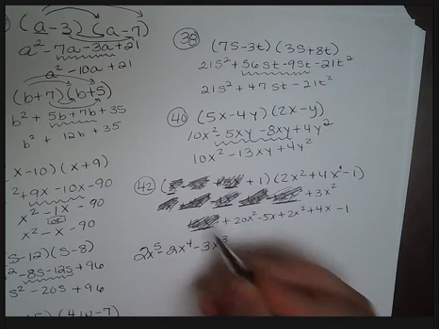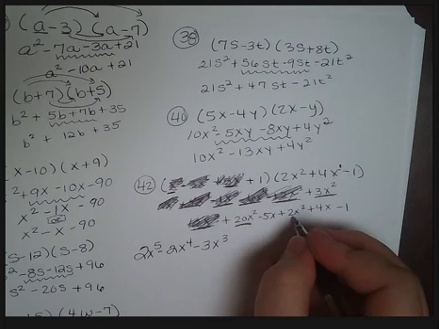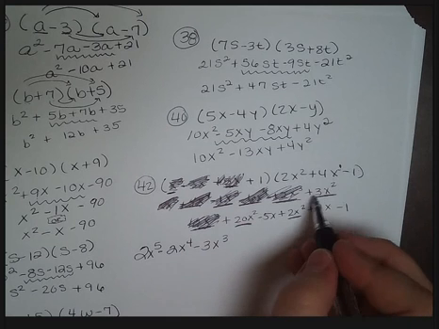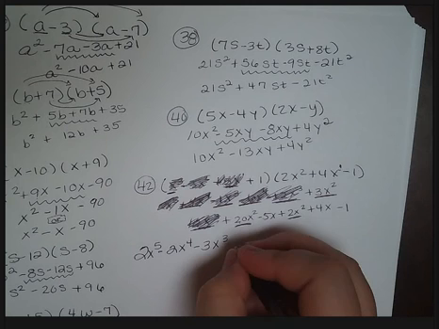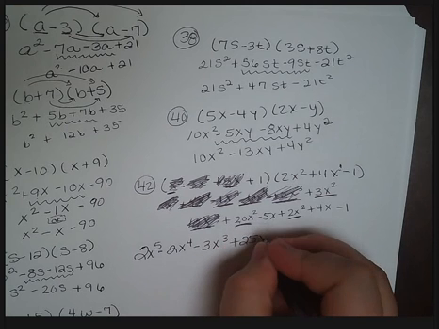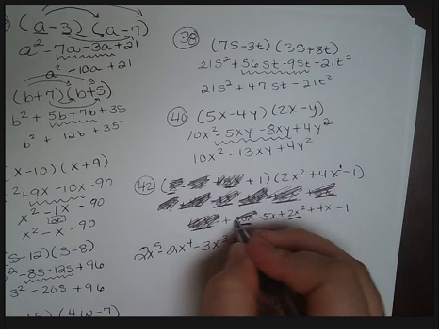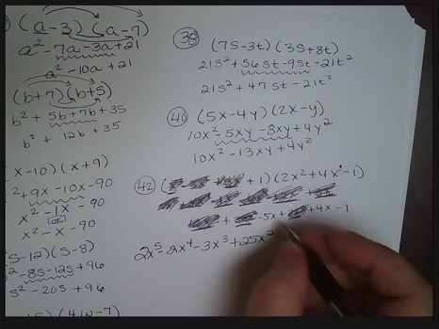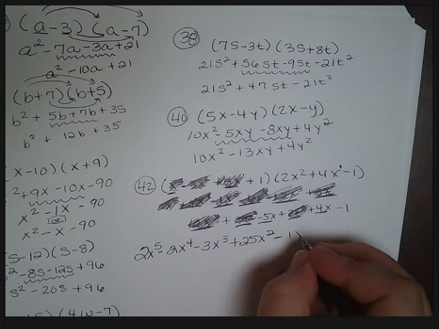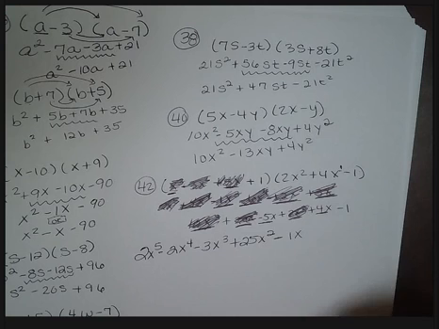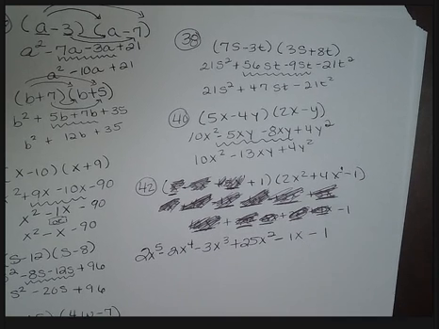Okay? 3x squared, 20x squared, and 2x squared. 3 plus 20 is 23, plus 2 is 25. And don't forget your x squared. Now we have negative 5x and 4x, which means we have negative 1x, or just negative x. And all we have left is negative 1.